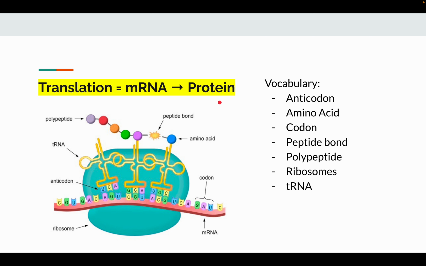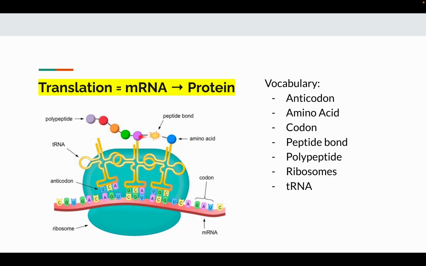And so what happens is this mRNA chain will go into the ribosome and the codons will match up to anticodons carried on the tRNA. This is the tRNA. And when they match together like complementary pairs, it releases the amino acid on top of the tRNA.